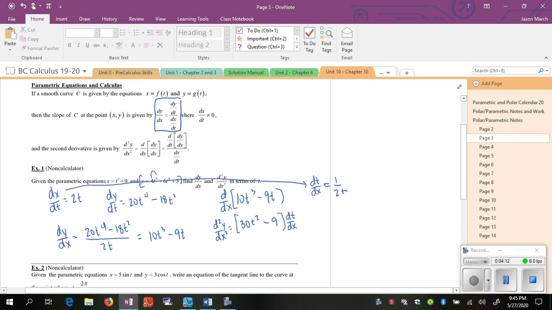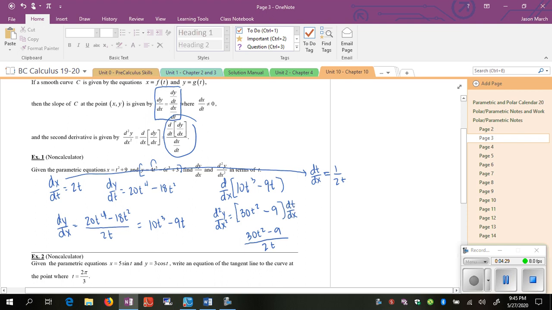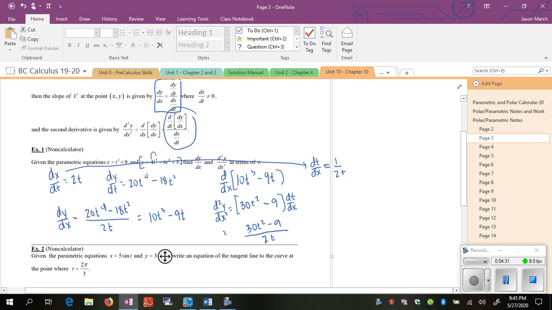So that now I could actually write this as 30t squared minus 9 times 1 over 2t, or divided by 2t, and that's where this expression is coming from. So let's go ahead and try that again. All right, let me just write the notation. D squared y dx squared.